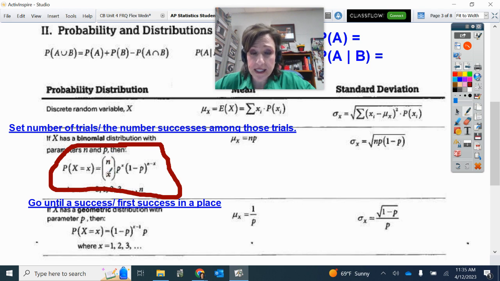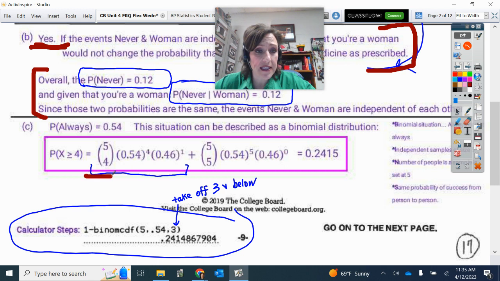I want 4 successes, and then you do the probability of success and failure, and then do the same thing again with 5. So it looks like this: here's the 5 choose 4 successes, 4 successes, 1 failure, plus 5 choose 5 successes, which is 0.54 to the fifth and 0.46 to the zero. Then that computes to this number here.